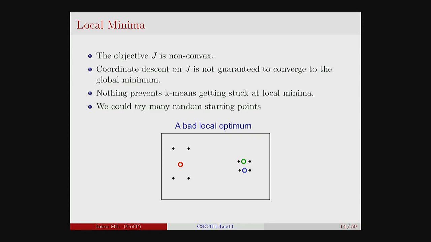Another might simply be the situation that we have here. If we ignore all of the cluster centers here and ask a human being how many clusters there are, they might say these 4 points are in one cluster, this is in one cluster, and this is in another cluster.